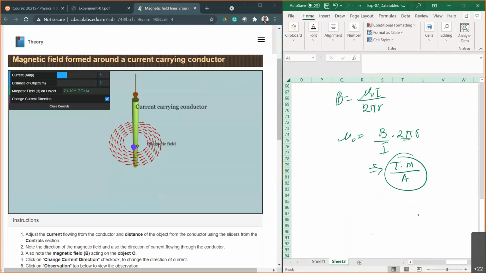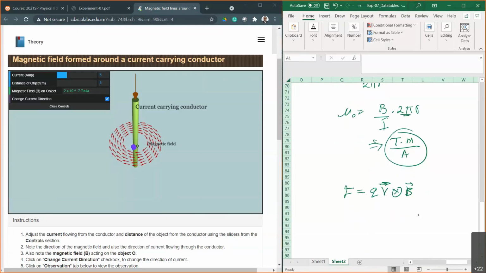If you want to reduce this unit a little more, we can look at the unit of Tesla itself. Because if you remember, we defined the Tesla unit in chapter number 11 when we were doing the magnetic force. Magnetic force is Q times V cross B. That's where we first defined the magnetic field unit Tesla, okay?